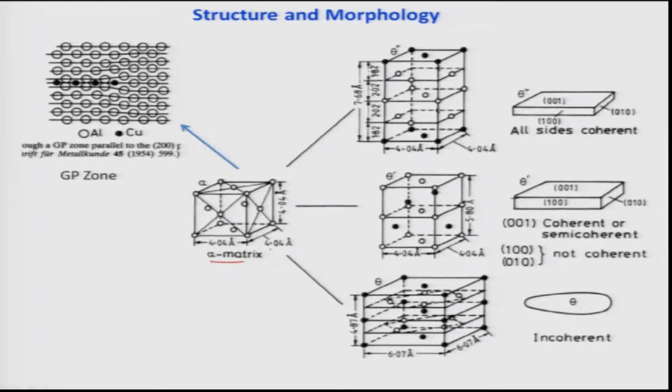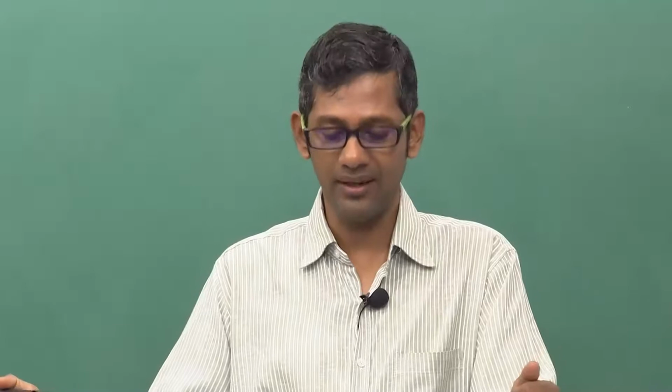Now if you see carefully, this is nothing but a segregation of copper atoms along certain planes, and these planes happen to be the 001 planes of the aluminum alpha crystal, and they form some layers, maybe 2 layers or 3 layers. That is what is shown here.